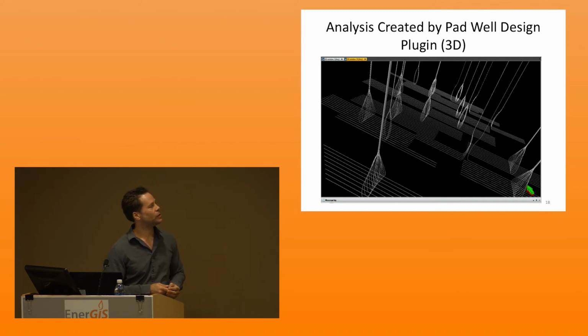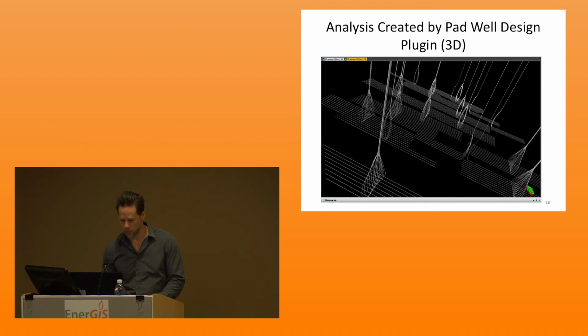So this is, to me, what is really the powerful thing about this: it's coordinating all those parameters at the surface, and it's coordinating them with all the parameters in the subsurface, and you're getting an entire optimized layout in 3D.